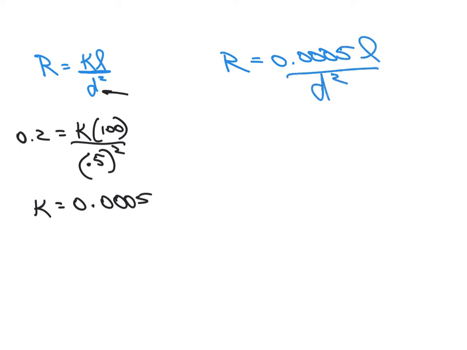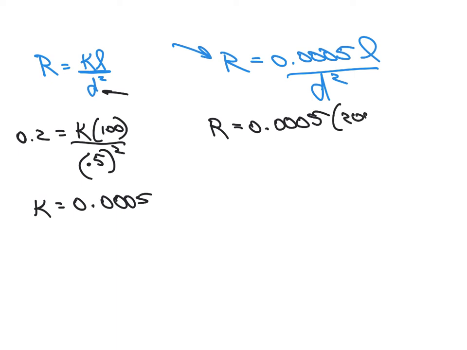Okay, so we found out what k is. What's the rest of it say? What will be the resistance? So we're looking for that. They're going to have to give me length and diameter in order for me to solve for R. Do they give me a length? They better. What would be the resistance of a cable made from the same material if it is 200 feet long?